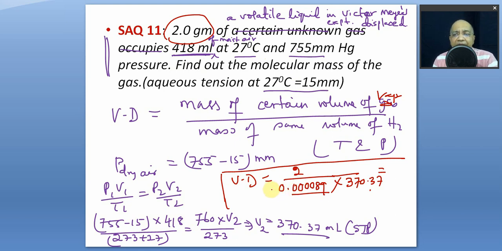Same answer you will be getting, because you are using the density at STP condition. If you are using a non-STP volume, 418 milliliter, and use PM by RT with the pressure 755 minus 15, and find the density at that non-standard condition, you will find the mass will be same.